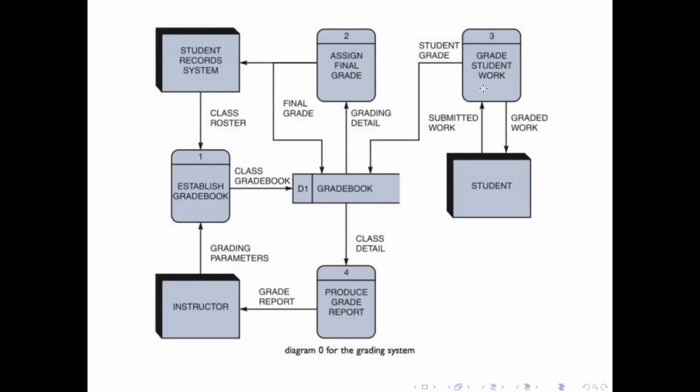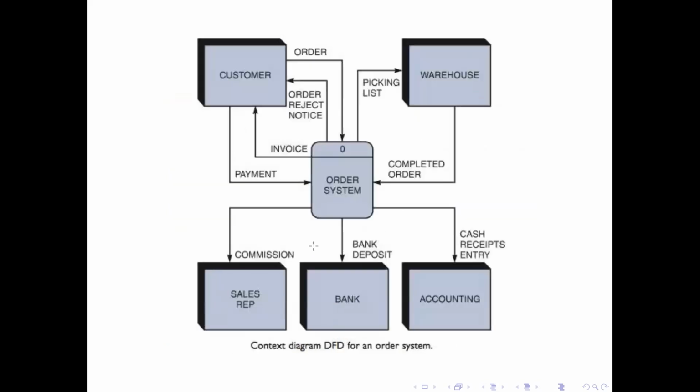Remember, I told you there should not be an order, although we will say 1, 2, 3. So 1 is you establish a grade book, 2 is you assign the grades, and 3 is you grade student work. Now, if you want more details, then you can go further, right?